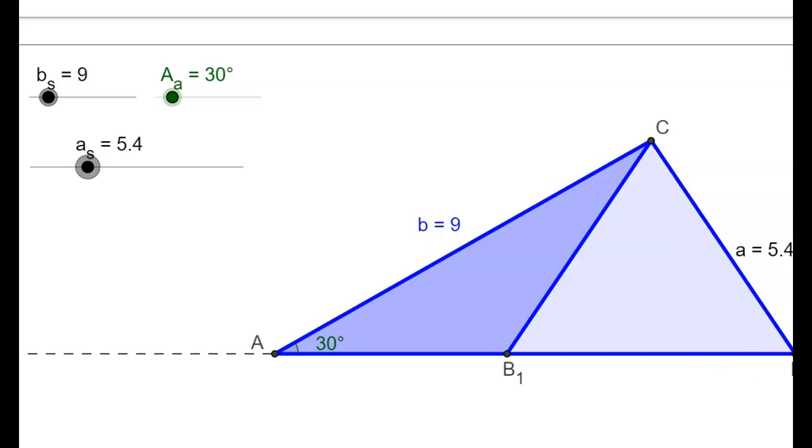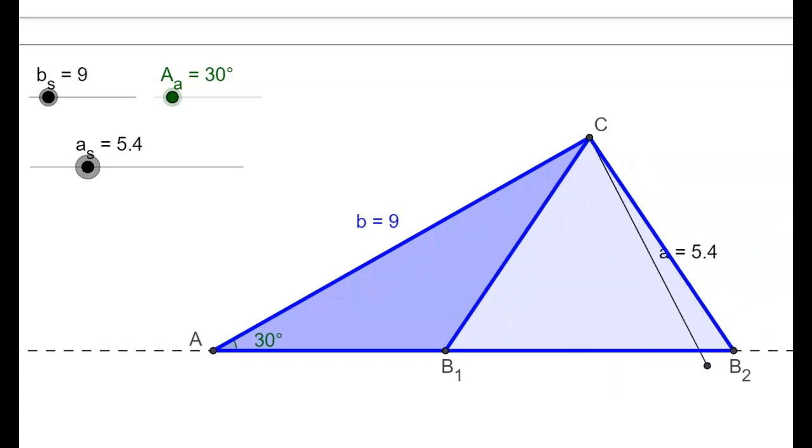You see how that side length A is swinging from the right to the left. When it's all the way to the right, it creates that huge triangle A, B2, and C. That big triangle could be formed.